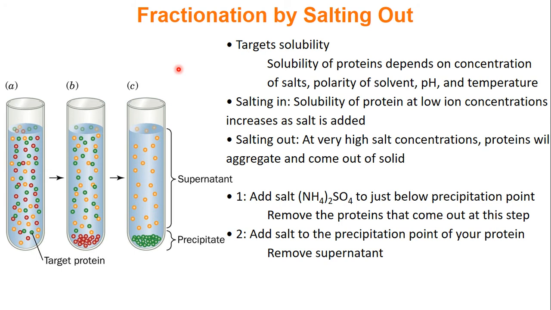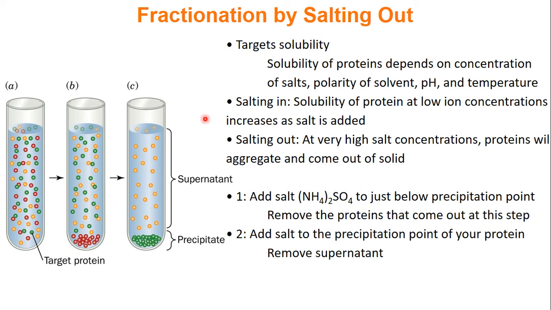So the first method we're going to see to purify a protein targets protein solubility, and it's called salting out. Now, solubility of any given protein depends on a lot of things. It depends on the concentrations of salt, the polarity of the solvent, the pH of the solvent, and temperature of the solvent. Now, salting in is an interesting phenomenon.